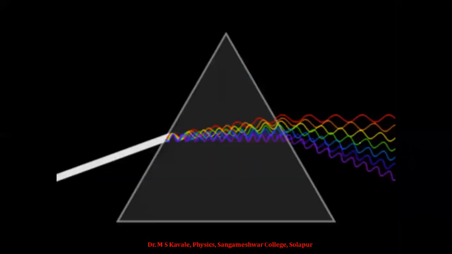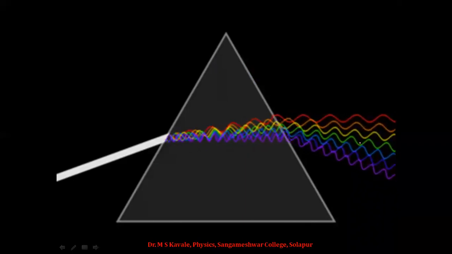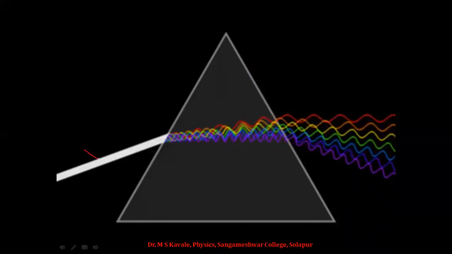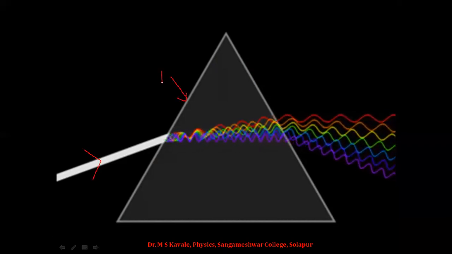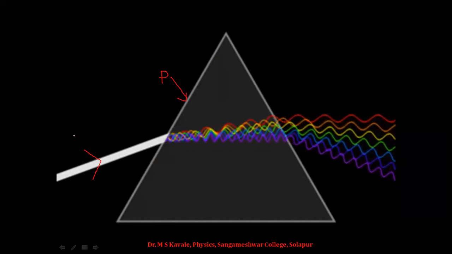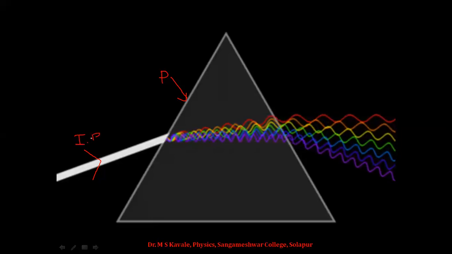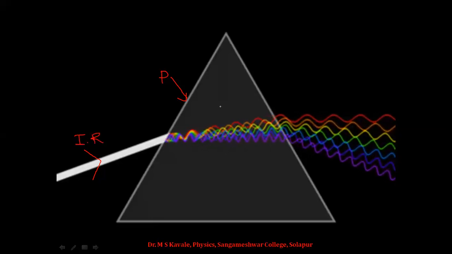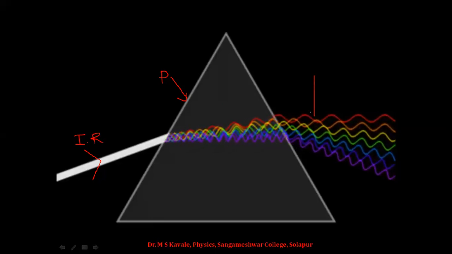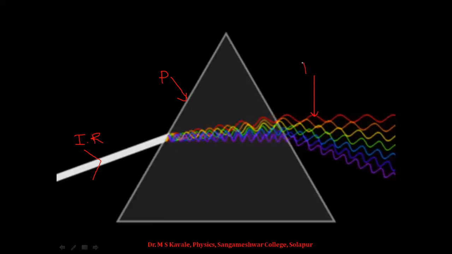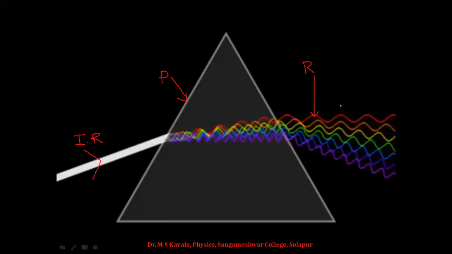After that, you know very well that light has wave nature. Here is the incident white light. This is the prism. This is the incident ray, therefore I shall write here IR, that is incident ray. This is the prism, and this is red color, denoted through waves.